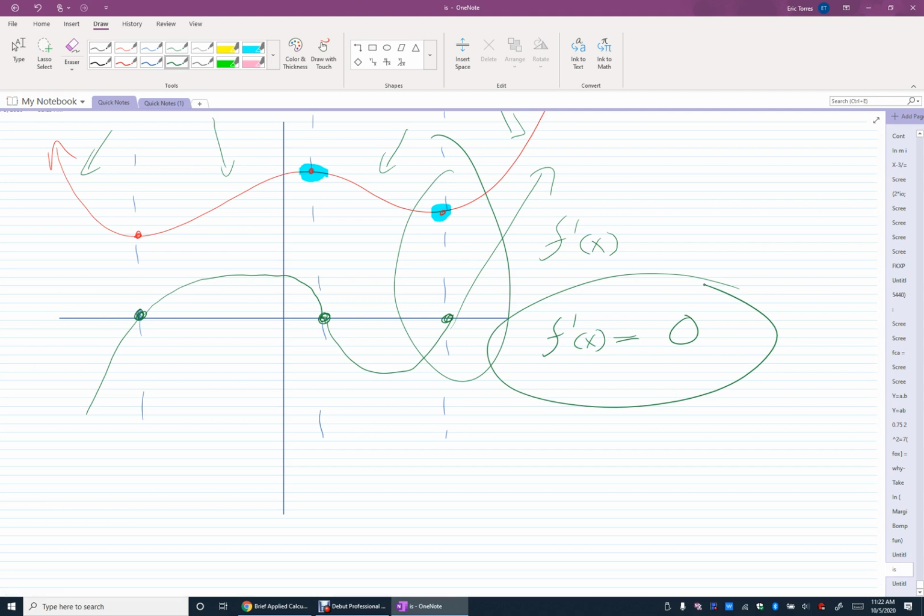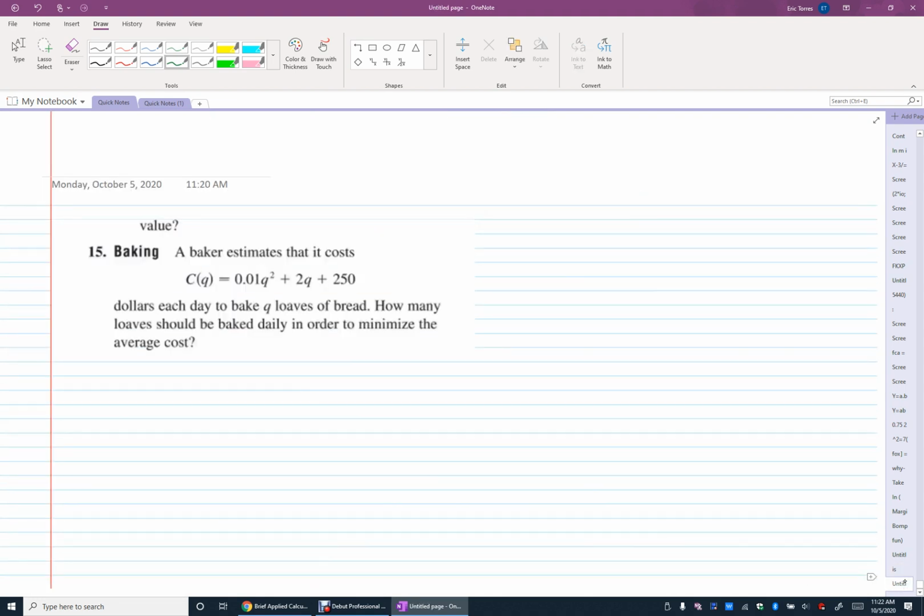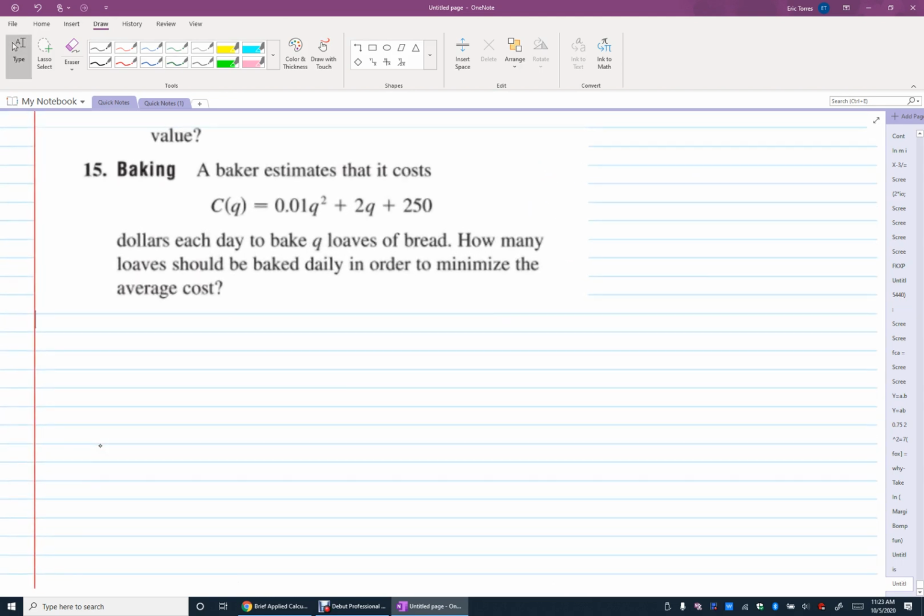Now we're going to use this in application in a situation like this. So it may not seem like it at first, but let's talk about this. First thing we're going to talk about is the average cost function. So I'm going to create that average cost function for you.